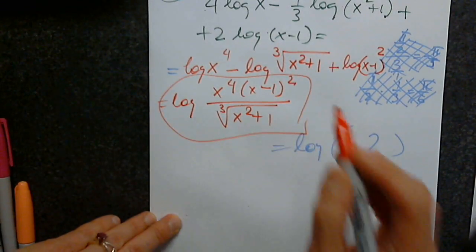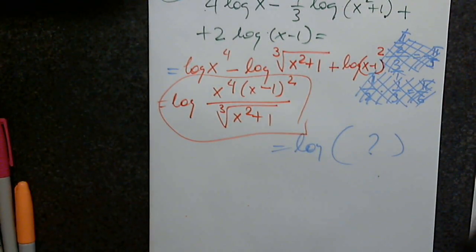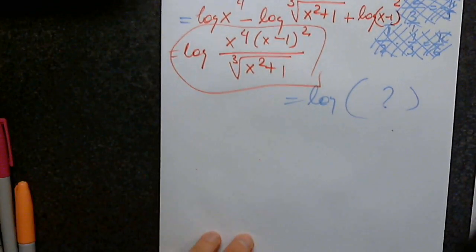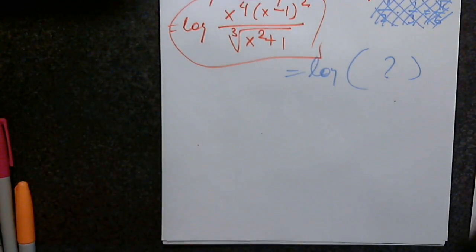And this is done. I have one log. I have 1 as the coefficient in front of log, and the expression doesn't matter to me. I condensed those bunch of logs into one.